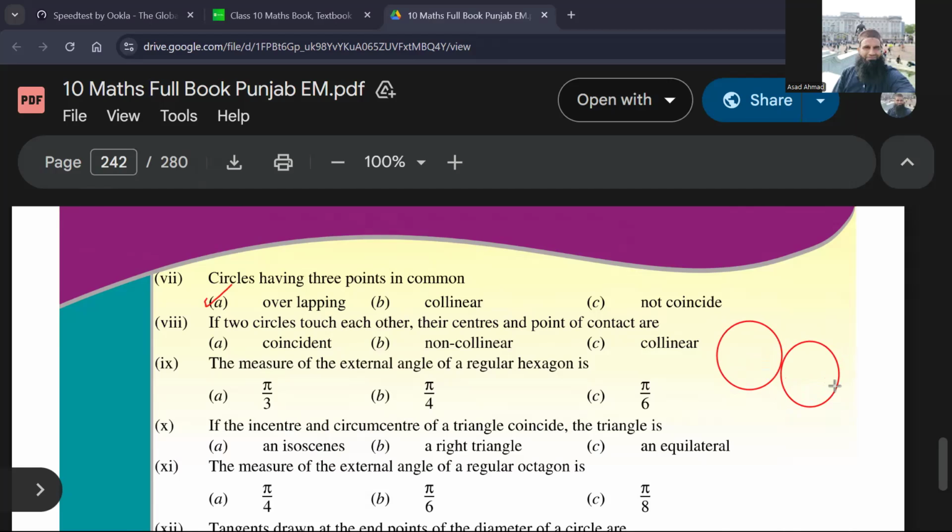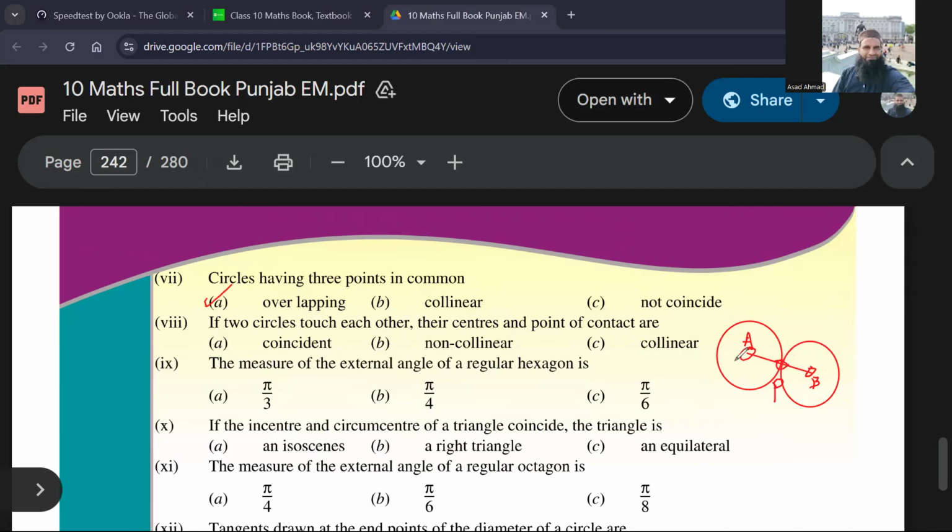In both cases, their centers and point of contact are, I will draw first, centers and point of contact. So in this diagram, there are actually 3 points, their centers and their point of contact. You can say if it is A, it is B, A and B are the centers, and let's suppose B is a point where it is being touched.